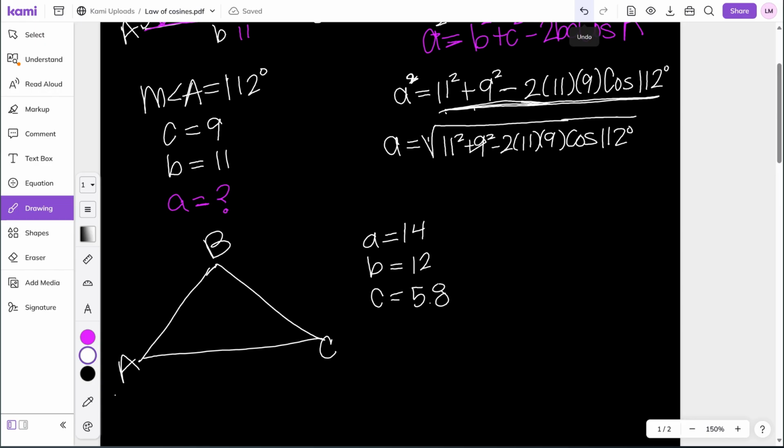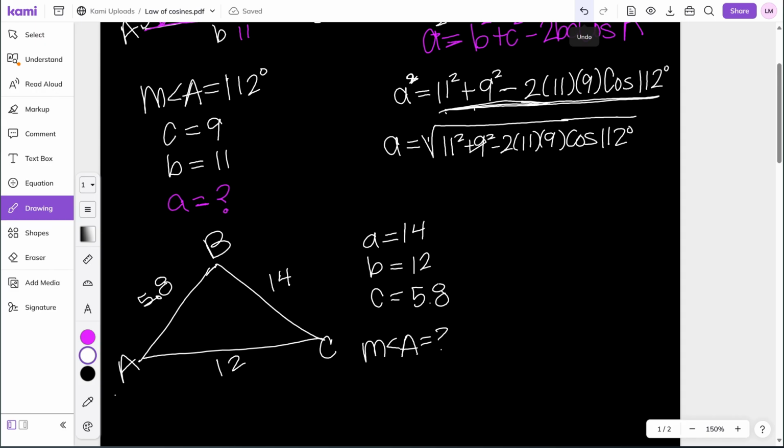Okay, so now I'm looking for an angle. Let's say that I'm looking for A. So I'm labeling the sides opposite the angles. So side A would go opposite angle A. Side B goes opposite angle B. Side C goes opposite angle C.